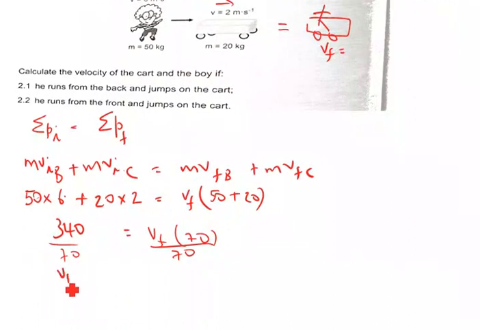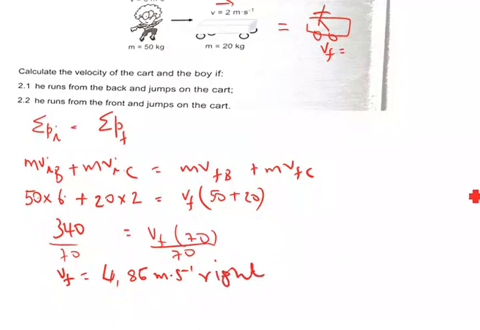Therefore the final velocity will be equal to 340 divided by 70. We get 4.86 meters per second to the right.